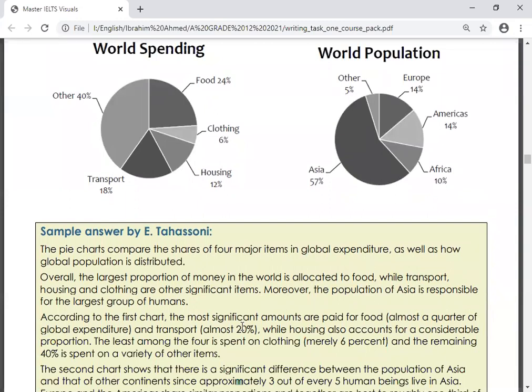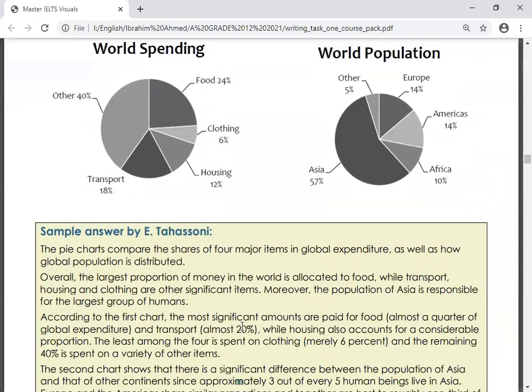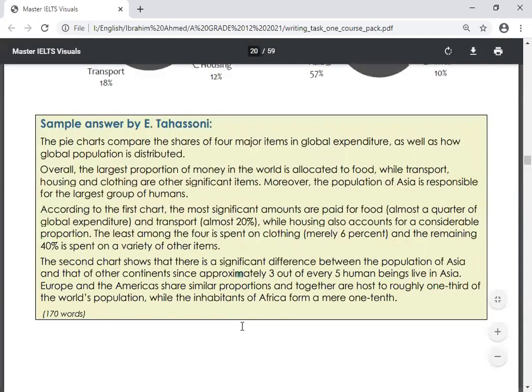I think using 1/3 instead of 33 when it's 28 only is not very good, in my opinion. So, Europe and Americas share similar proportions and together are host to roughly 1/3 of the world's population.